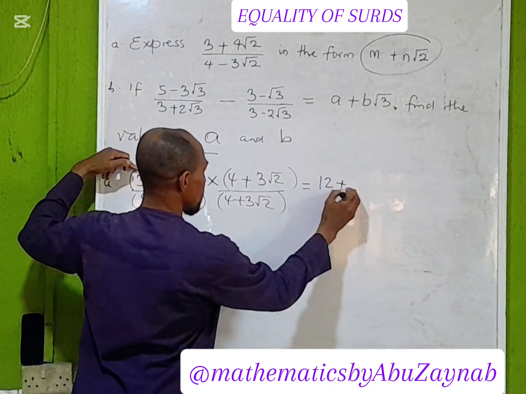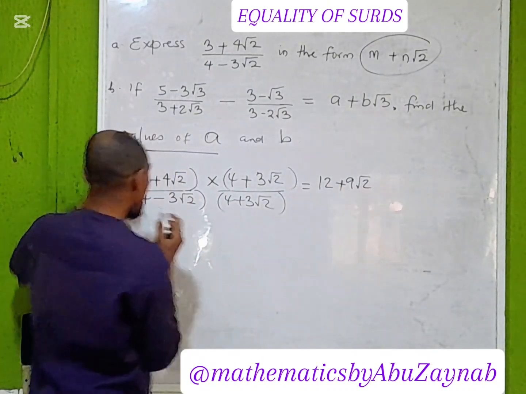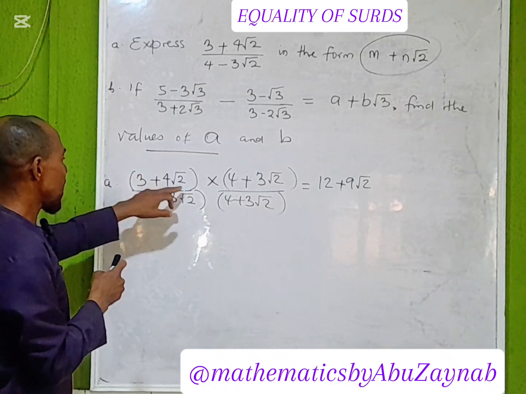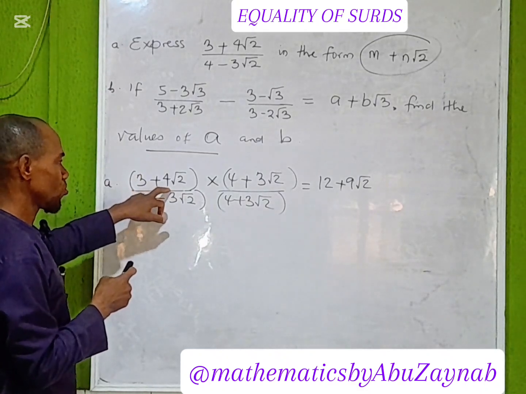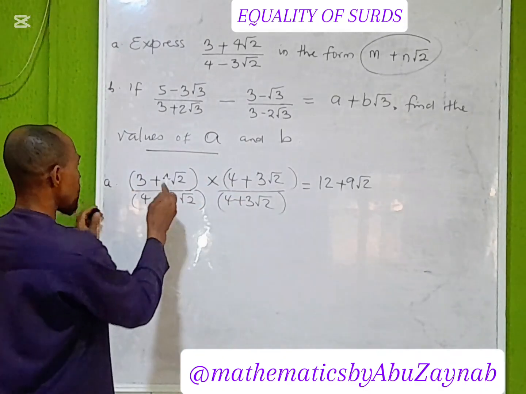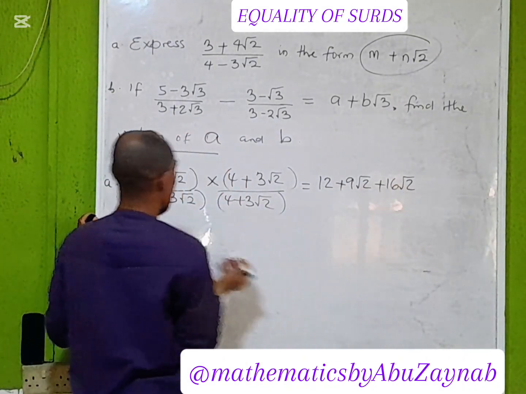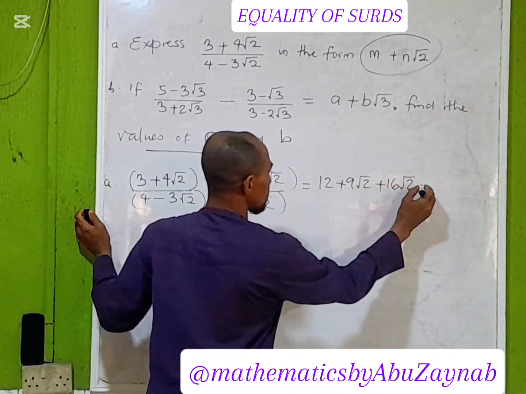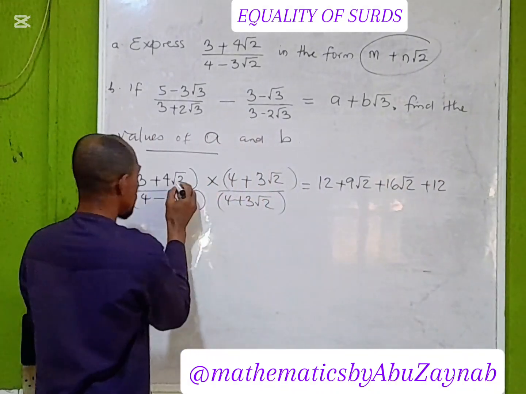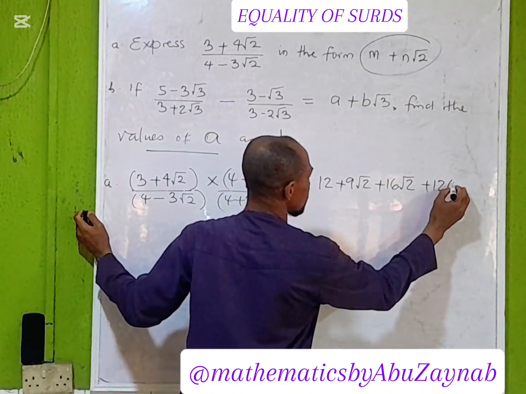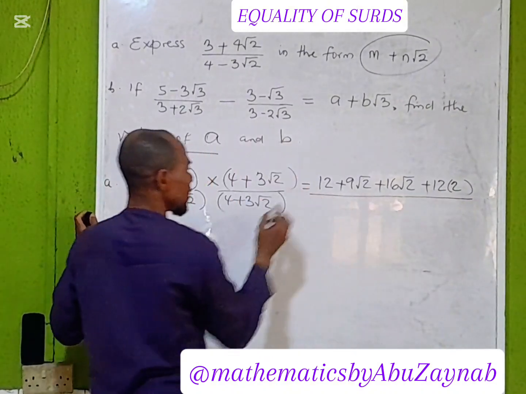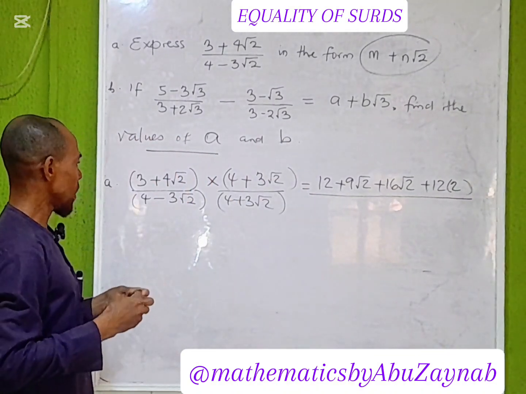That's 3 times 3, 9 root 2. So I'm done with 3. I now move to 4 root 2 to repeat the same process. So 4 times 4 then is 16 root 2. Now 4 times 3 is 12. And root 2 times root 2 is 2. So you have to be meticulous in each step.